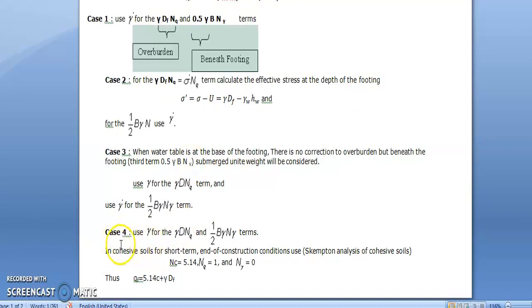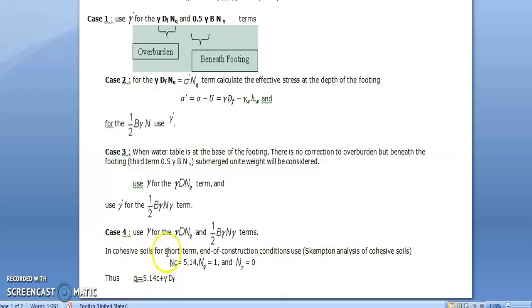So if the soil conditions are very cohesive, then for the short term or end of construction condition, we use whatever analysis. It's not necessarily Terzaghi's analysis. Let's say Terzaghi's equation if we use, then the equation gets slightly modified. Why I specifically mention Terzaghi's or Meyerhof's, you can even call this Meyerhof's analysis.